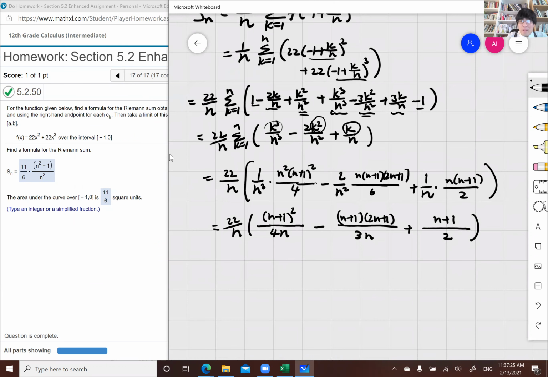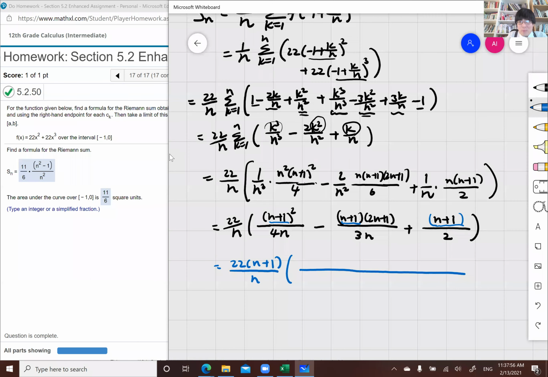Now let's factor out n plus 1. This is a common term here. So you can factor out n plus 1. And let's make the denominators the same after that.